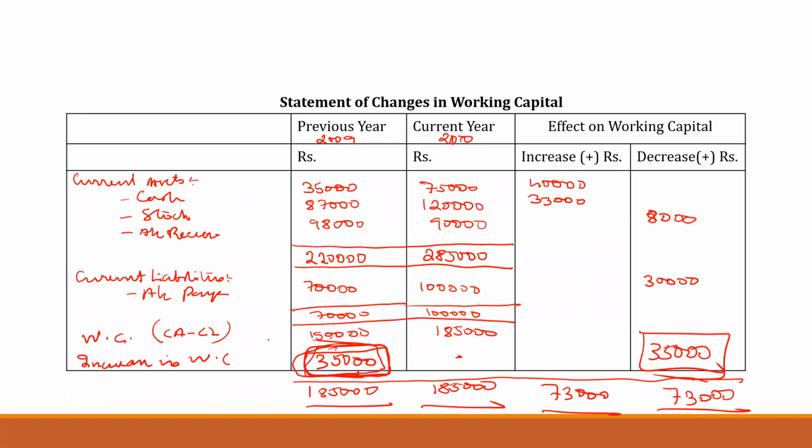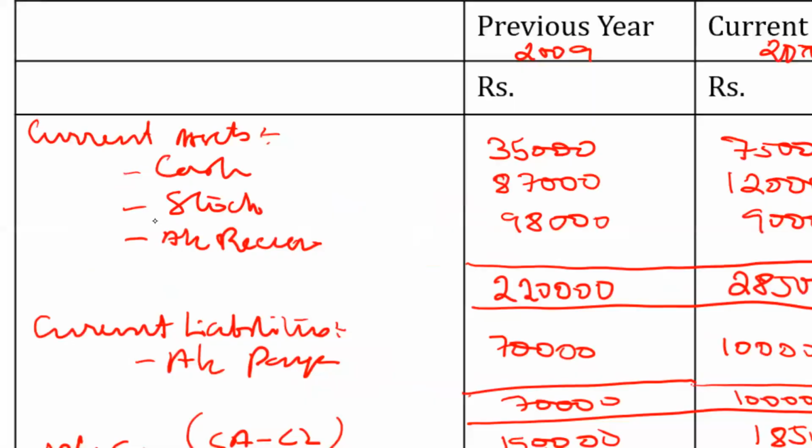We'll also be getting this 35,000 while doing the fund flow statement. You just have an overview.